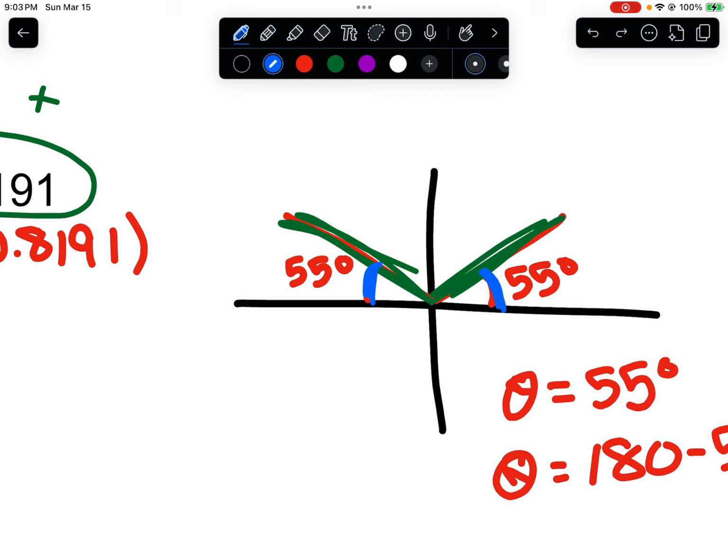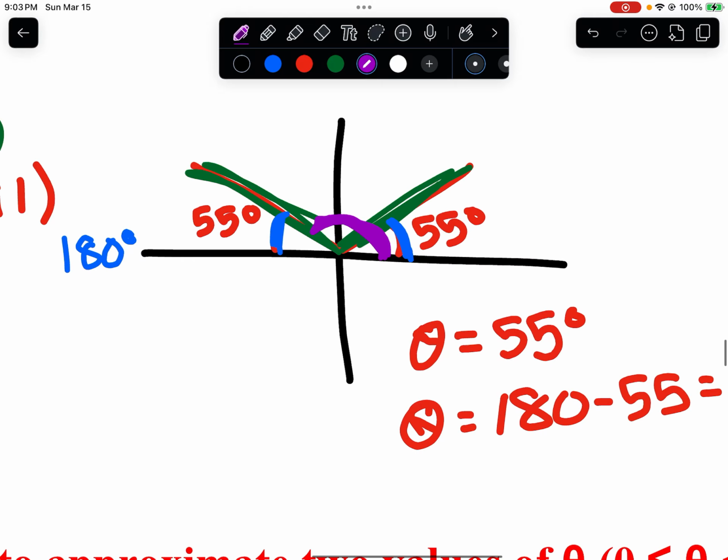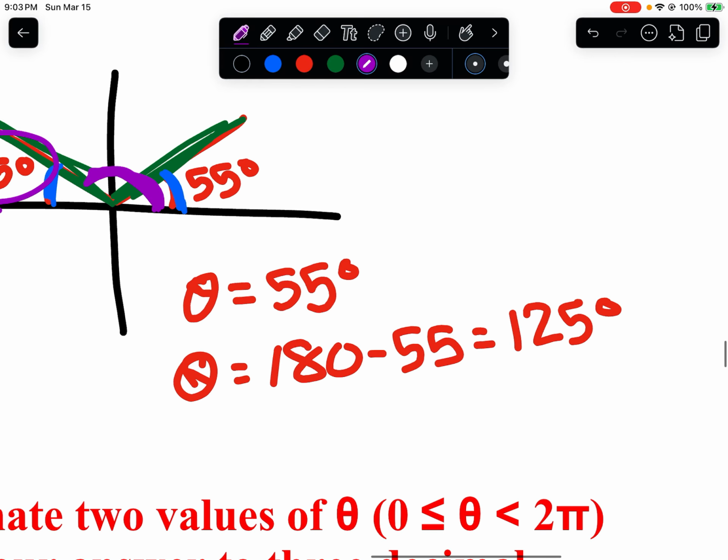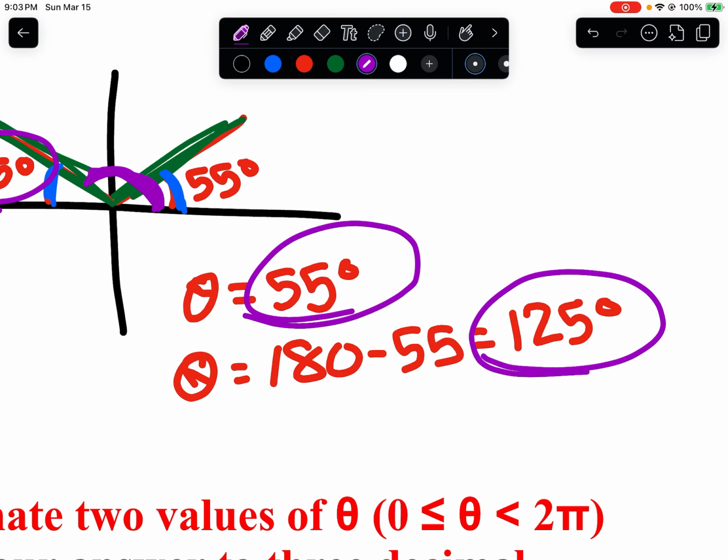If all the way through would be 180 degrees, I'm ultimately looking for what this angle is. To get that, we take 180 minus that 55 degrees, and that should get us 125, along with that 55 degrees that your calculator is going to default to giving you.